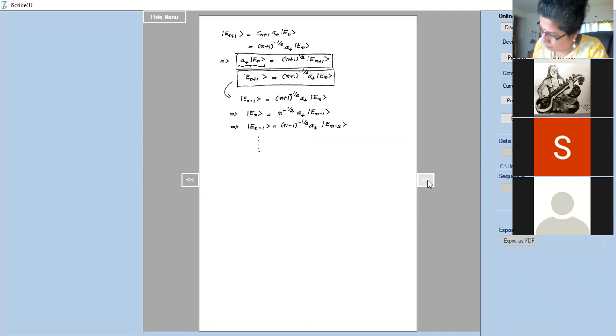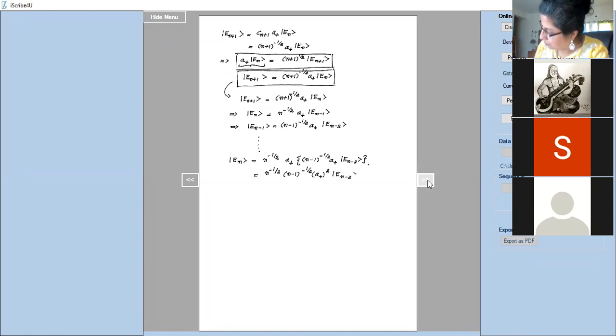I can write En is equal to n to the power of minus half, then A plus of, instead of En minus 1, n minus 1 to the power of minus half A plus En minus 2. So this will be n power minus half into n minus 1 power minus half, A plus applied 2 times to En minus 2.